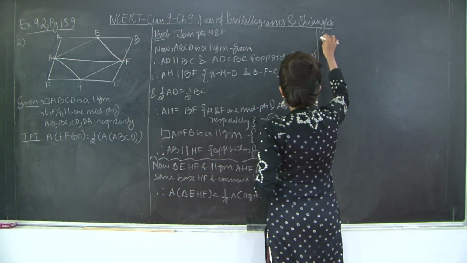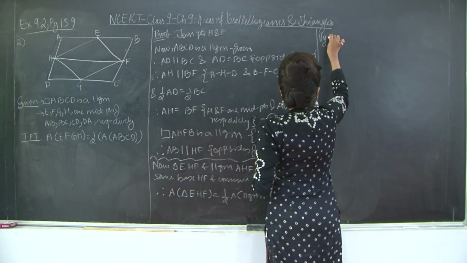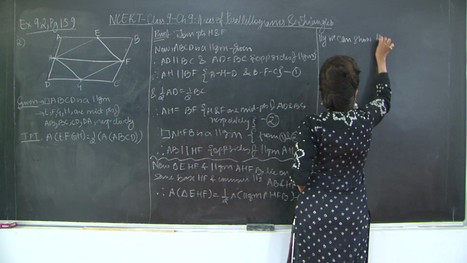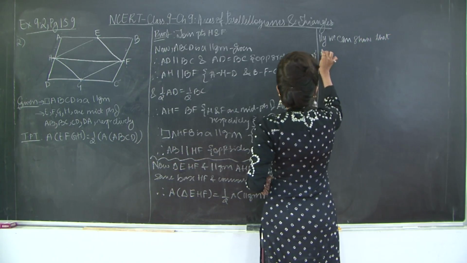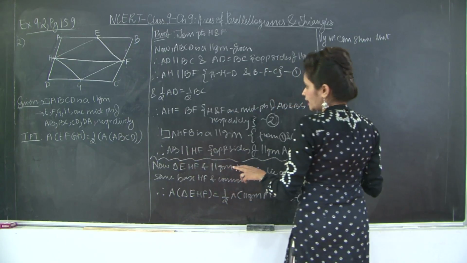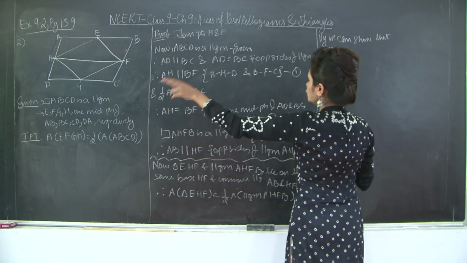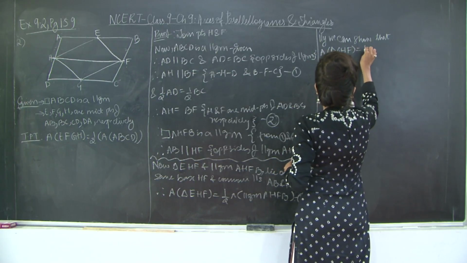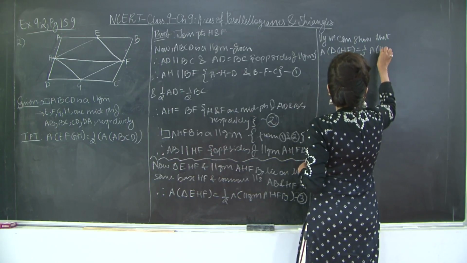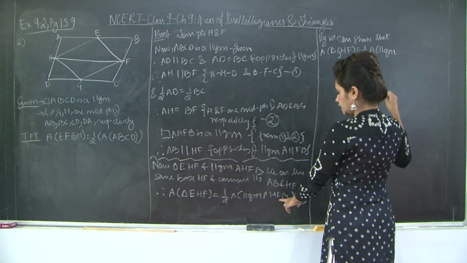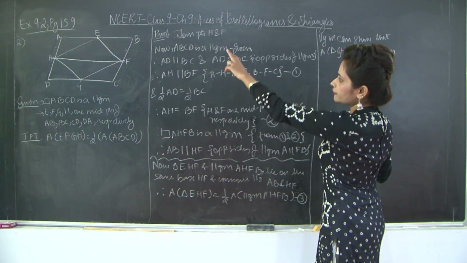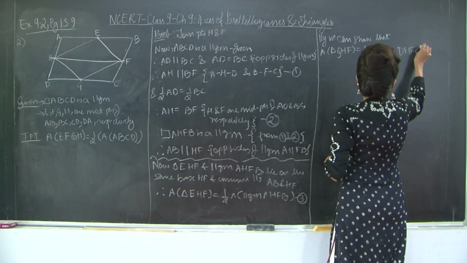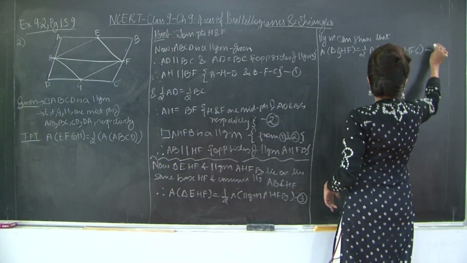So, I will say similarly we can show that area of triangle GHF is equal to half area of parallelogram DHFC. Right? Let us mark this as 4.